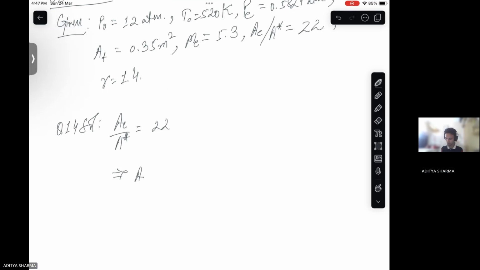This implies A exit equals 22 into A star, equals 22 into 0.35, which comes out to be 7.7 meters square, right?